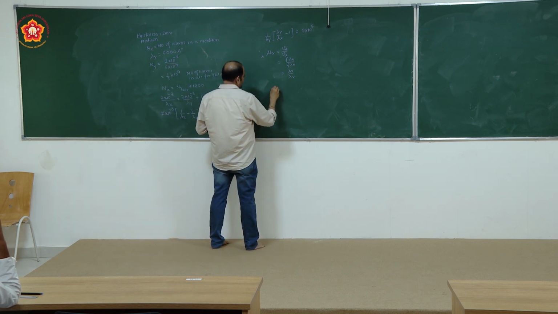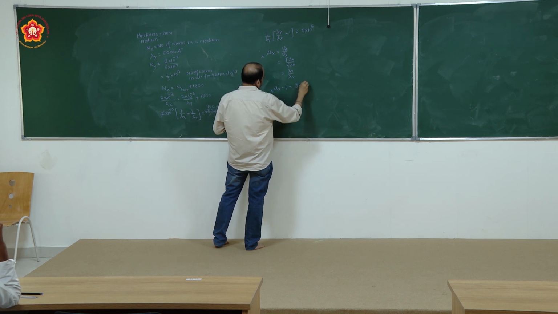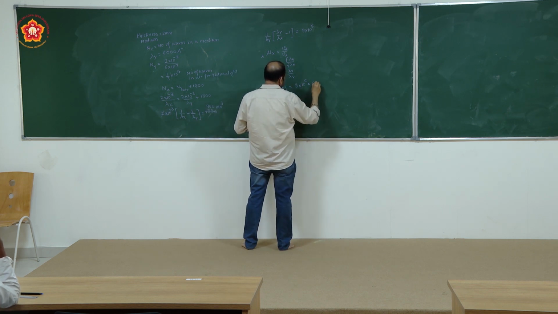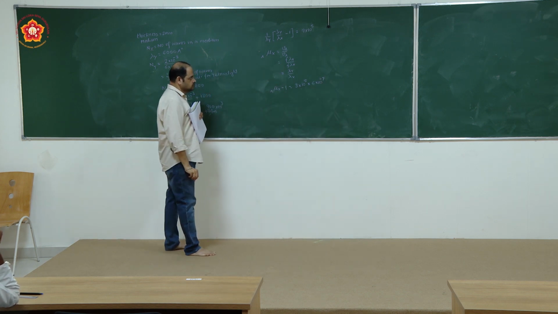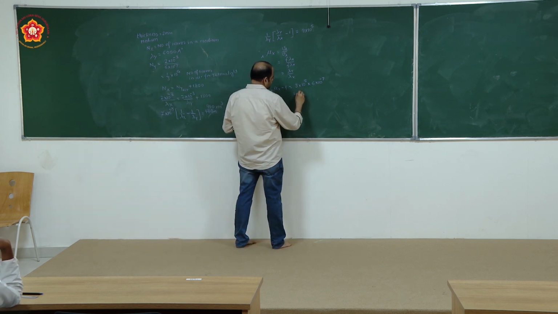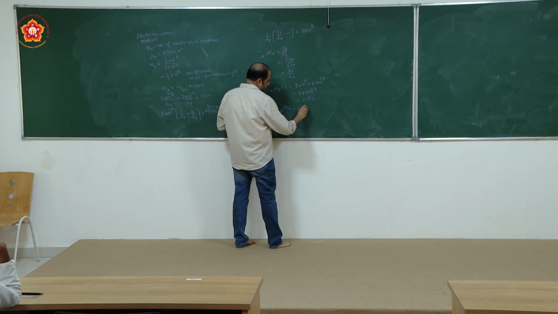So I will be having refractive index of x with respect to air minus 1 is equal to 9 into 10 to the power 5 multiplied by lambda y. Lambda y is given to me as 6 into 10 to the power minus 7. So you are able to get this as 9 6 are 54 into 10 to the power minus 2. So this is 0.54. So refractive index of a medium x with respect to the air will be taken as 1.54.